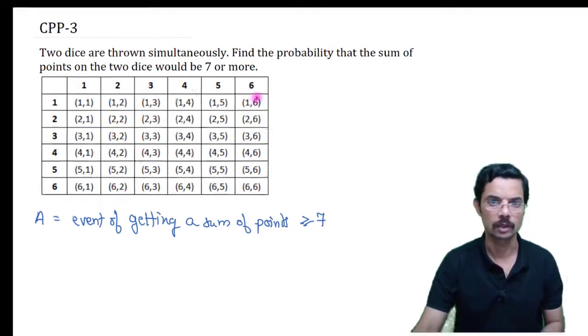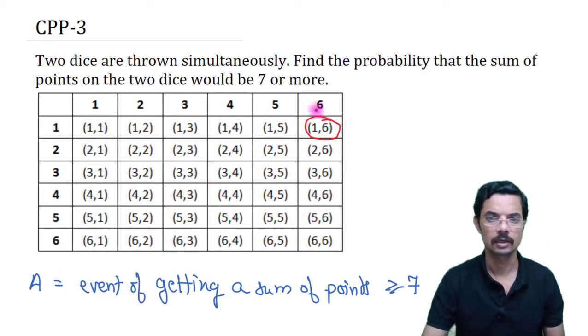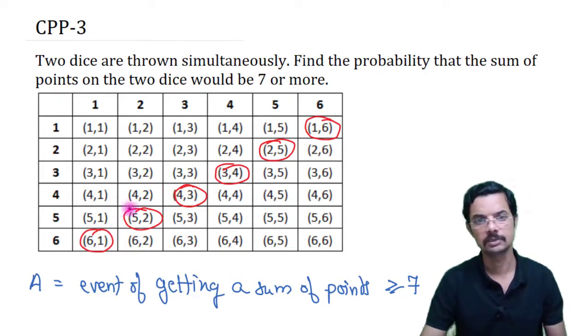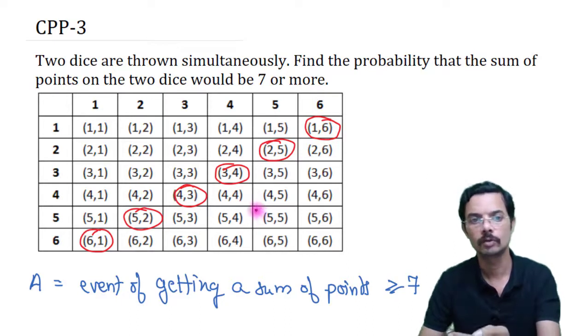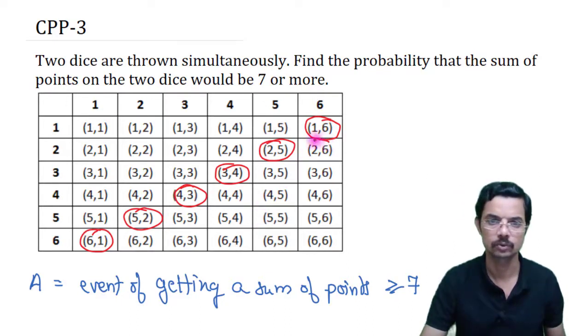These are the outcomes. So this is 7. This is also 7. Here also we have 7. Here also we have 7. Here also 5 plus 2 is 7. 6 plus 1 is 7. And everything below this line is also having 7 or more than 7. 6 plus 2 is 8.